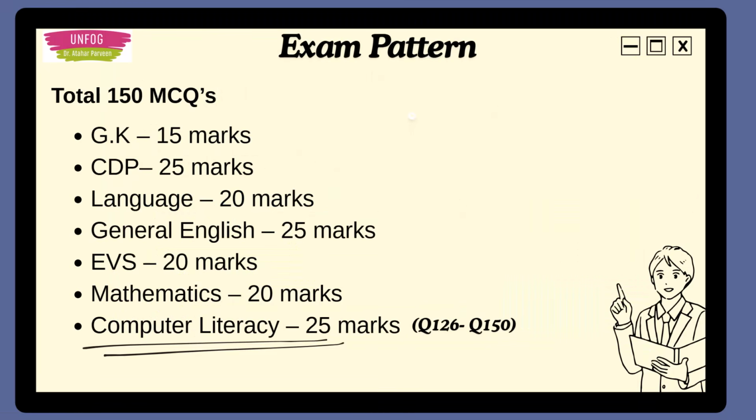So this is the exam pattern for your PSTR exam. All these subjects will be there from question 1 to question 150. You will have 150 questions to answer, out of which 25 are computer literacy. Language has 20 marks, GK has 15 marks, even mathematics has 20 marks, but computer literacy has 25 marks. It has a good amount of weightage in your exam.